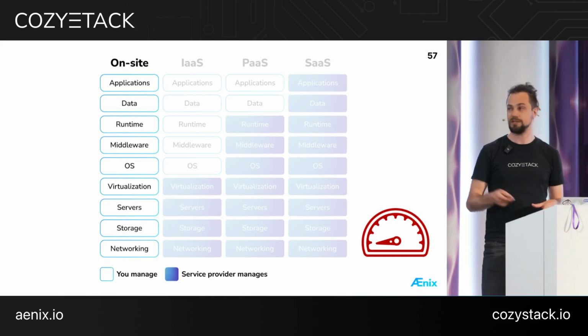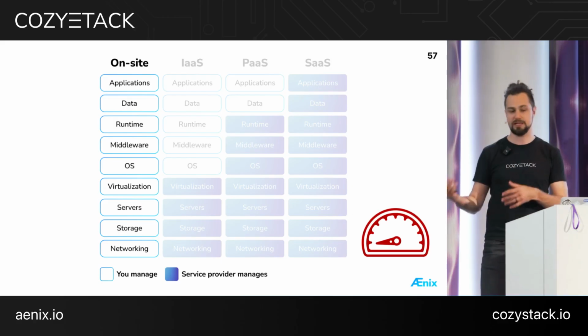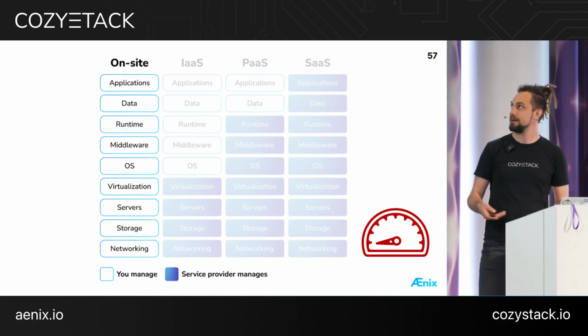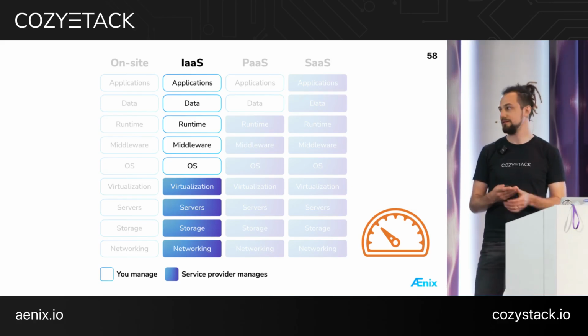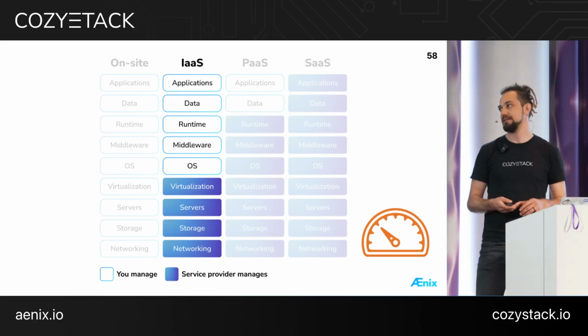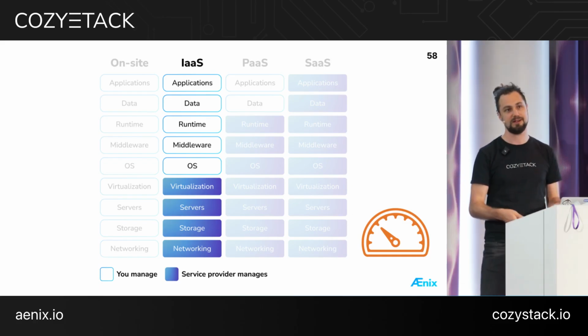If you're running on-site, it might be very difficult because you need to take care of almost everything, starting from server provisioning, storage, networking, and you also take care of the application you're going to deploy. If you use some infrastructure as a service solutions, let's say some cloud platforms, you can offload the virtualization, servers management, storage and networking, and just operate with virtual machines.